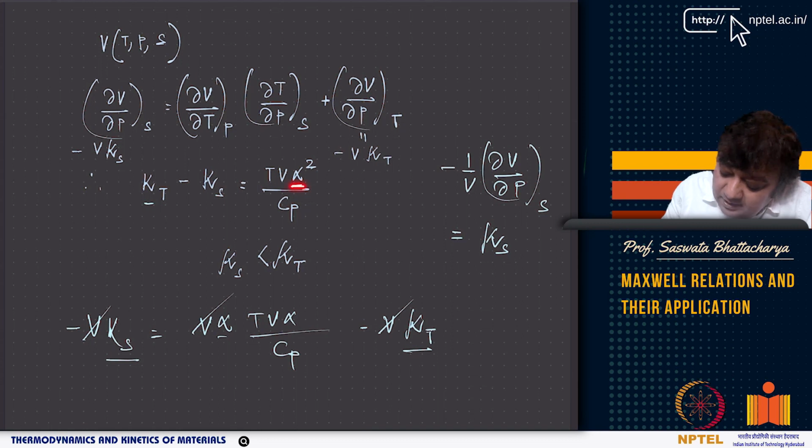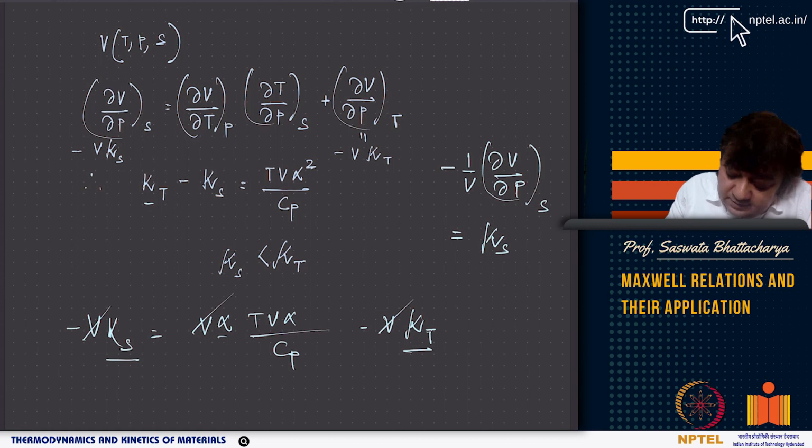When I talk about container, the container is the vessel basically. The system is contained inside the container. So V is the volume of the system, T is the temperature of the system, which is measured by thermometer, Cp can be measured by calorimeter, and alpha can be measured by dilatometer.